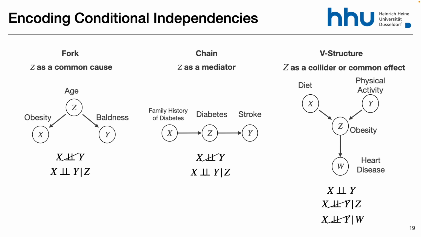It's going to be poor. Exactly, it's the only explanation. So the fact that I know that the person is obese made physical activity completely associated with diet. So by observing a collider, it opens the pipe.